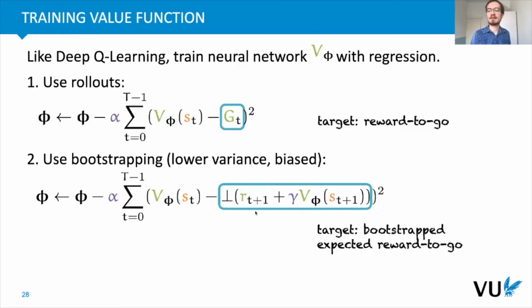So the reward in the next state plus the expected value you will get in the next state. So again, you can train this network just like you would in deep Q learning, but you have to compensate for the fact that you're dealing with a value function, not a state action value function, or the Q function. If you understand Q learning, you're going to understand what this means, except that you are now dealing with just states and not states and actions.